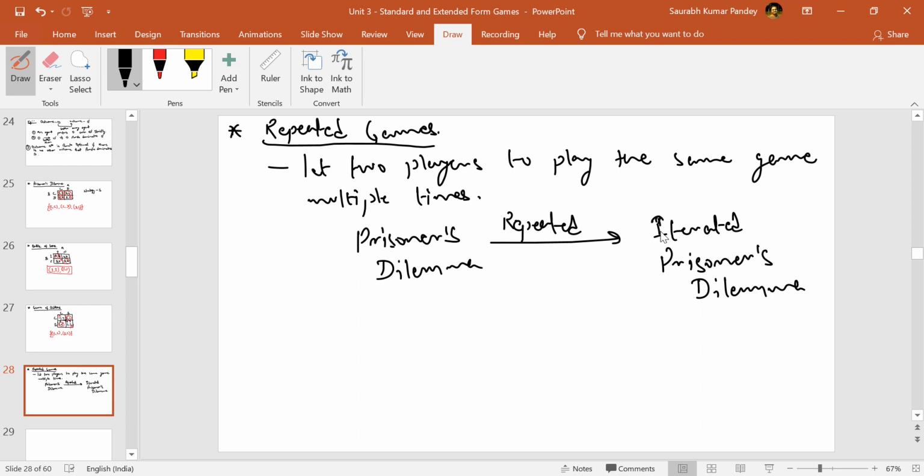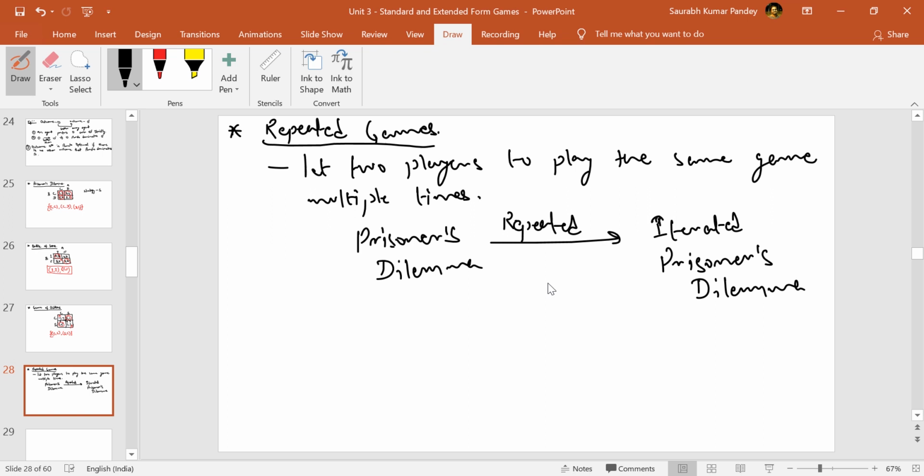Repeated games with a finite horizon are a special case of extended form games. We will see what the extended form games are in just a few minutes. So this is the concept of repeated games. The repeated games may have a finite horizon and may have an infinite horizon.